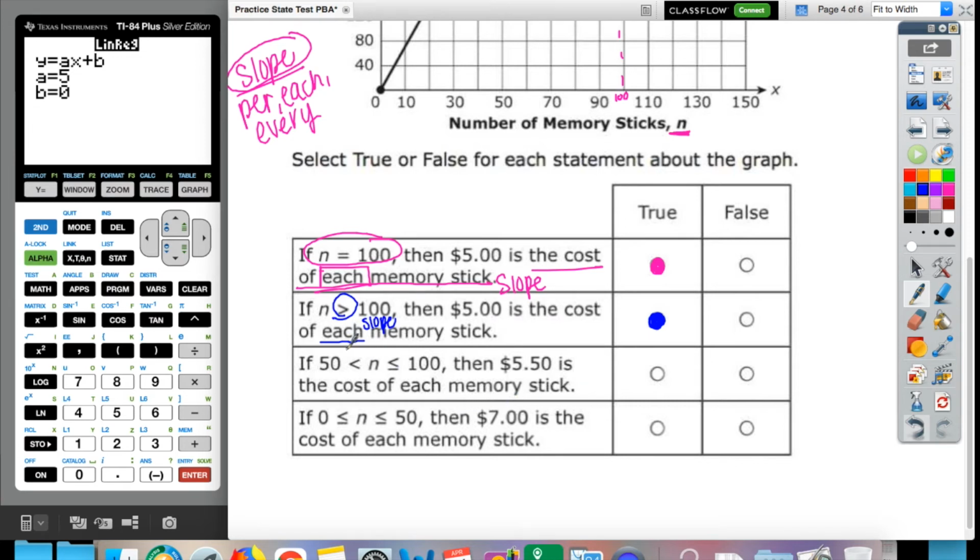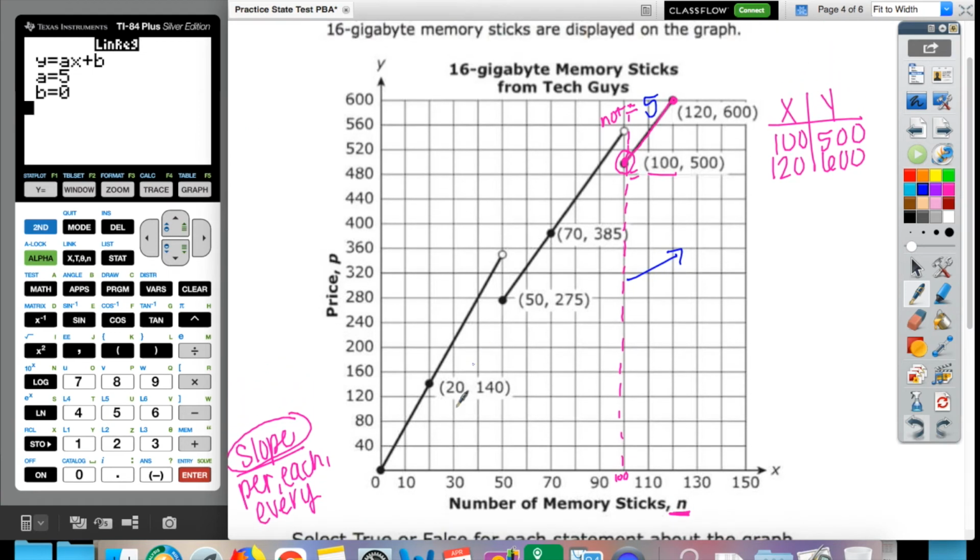Okay, the third one. If n is between 50 and 100, is 550 the cost of each memory stick? So each, again, is telling me look at my slope. So between 50 and 100. So I'm going to go back up to my graph. I'm going to go to 50 and 100.